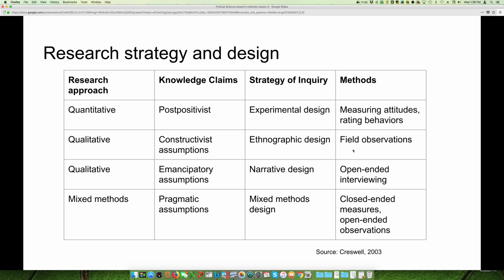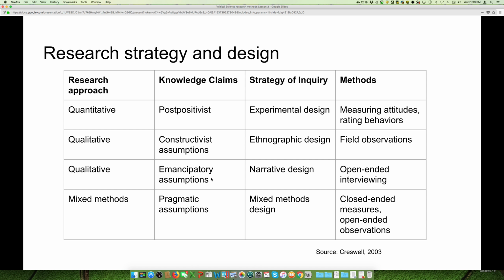Like if we used a participatory scale, they might talk about how participatory a certain political process they're involved in is. So another qualitative approach could use emancipatory assumptions and a narrative design.